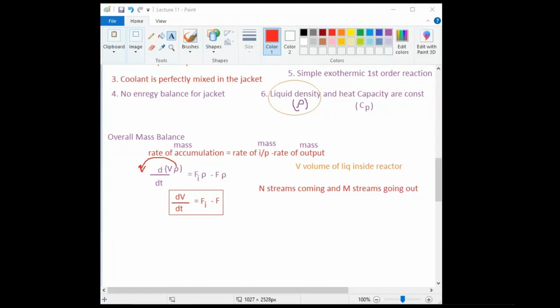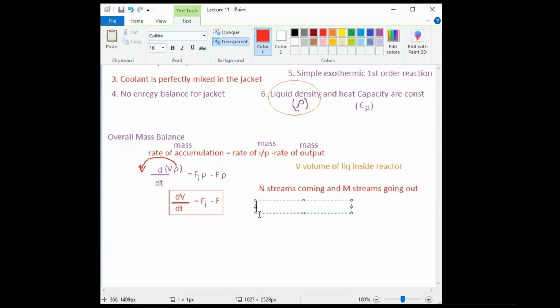Here I need summation. So for more than one stream coming in and more than one stream going out, we will write rho inside, because the density of different streams could be different.